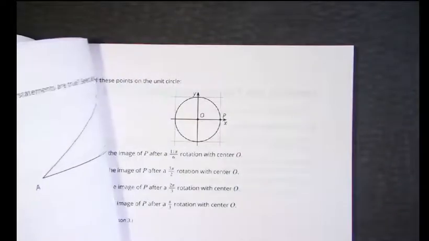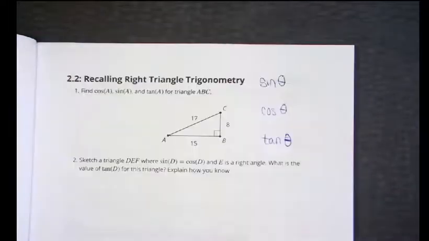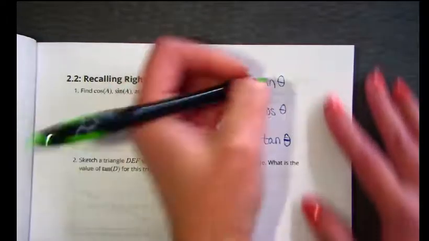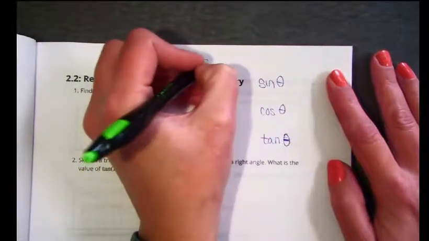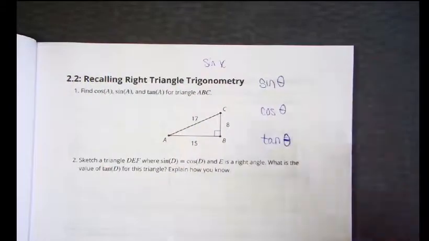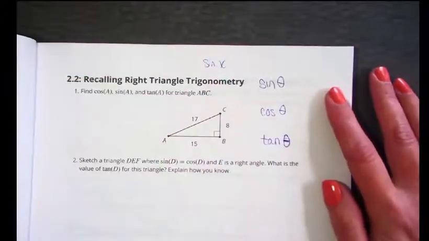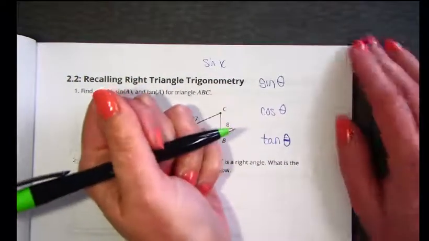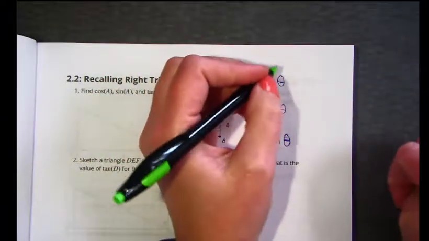I'm just going to take a quick gander through. It looks like they use a lot of letters to name them. We could also just call it sine x or sine, whatever it might be.